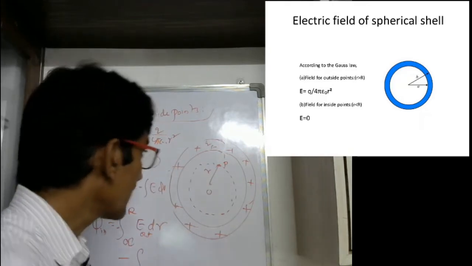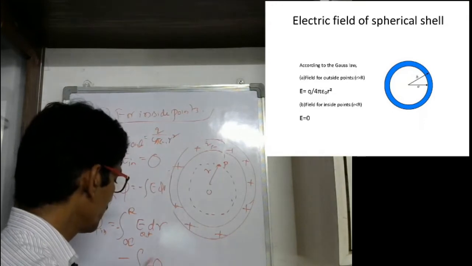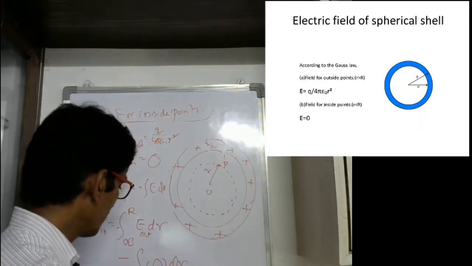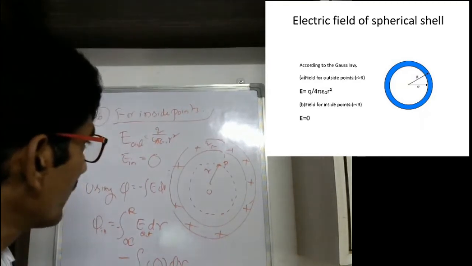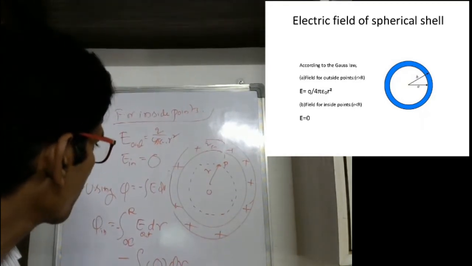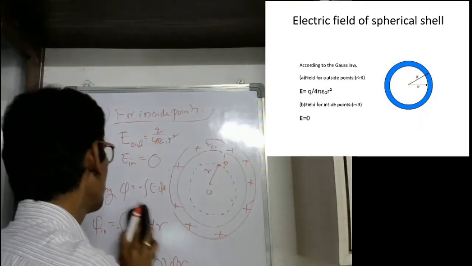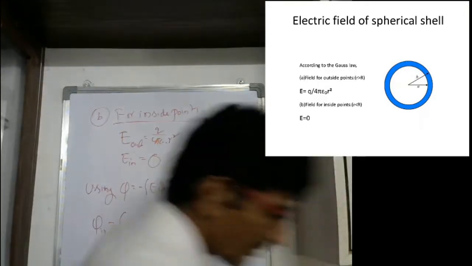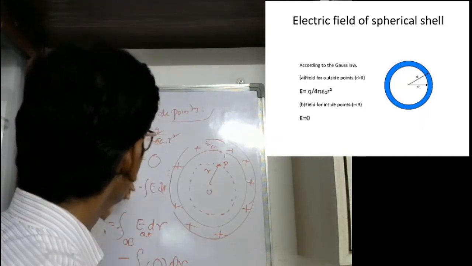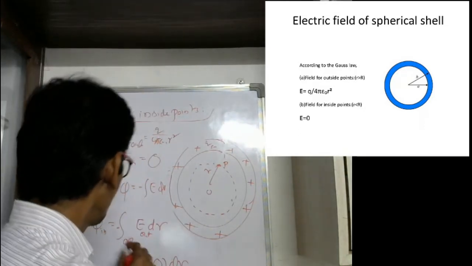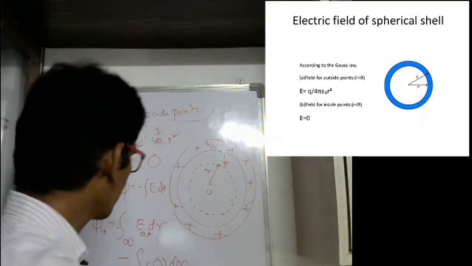So in the inside part, how much field do you have? 0 dr. But what are the limits for the inside points? For the outside points, what do we have to write here? Infinity up to the border, that means r is equal to capital R.